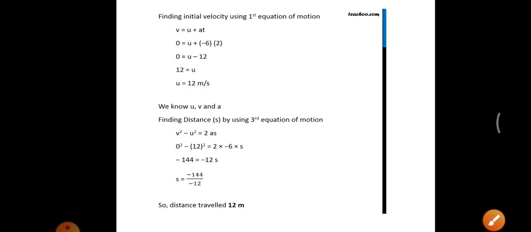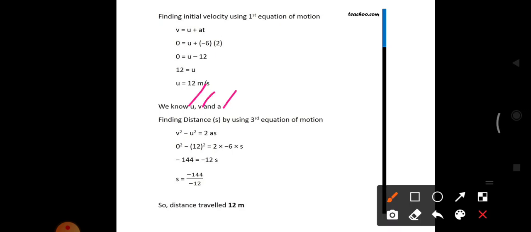Next, we know u, v, a. So finding distance by using the third equation of motion, v square minus u square equal to 2as. Here you have to substitute the value of v is 0 and u is 12 square equal to 2 into the value of a is minus 6 and the distance we have to calculate. 12 square equal to 144 equal to 2 into minus 6, minus 12.